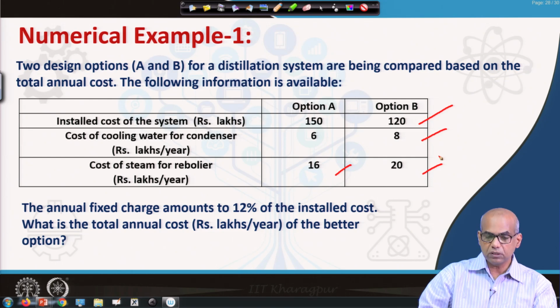So, we have two design options for a distillation system. Installed cost for both are given, cost of cooling water for condenser in lakhs per year given, cost of steam for reboiler in lakhs per year given. Also given is annual fixed charge, which is 12% of the installed cost. So, we have to find out which option is better and what is the total annual cost of the better option.